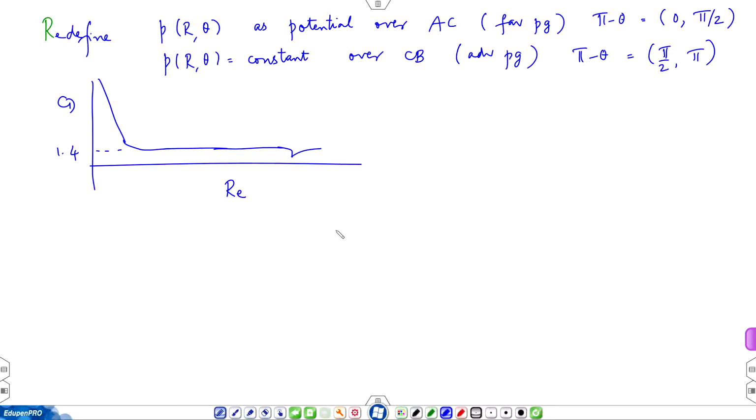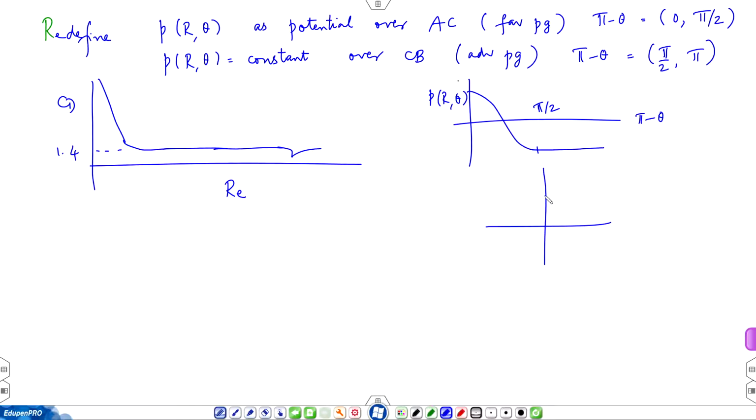If you adopt this approach, if you work with this pressure variation, that it is potential up to pi over 2 and constant later, how will the pressure distribution look on the cylinder?